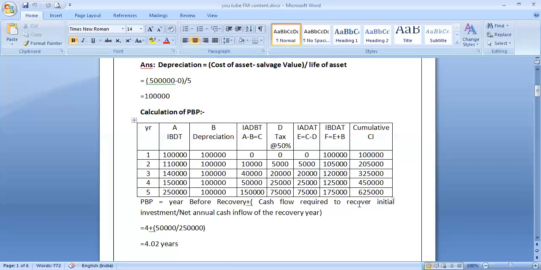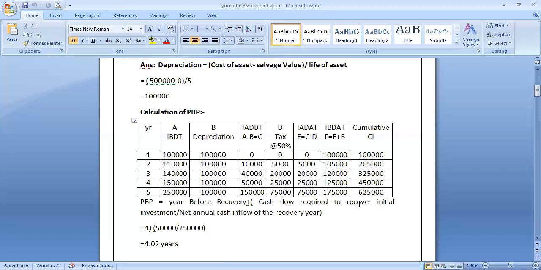After that, substitute the values. As you can see in the last column, till fourth year, we have recovered 4,50,000. So year before recovery is 4, as in the fourth year we have not yet recovered the full amount. So 4 plus how much remains that we have to recover? Around 50,000 we have to recover.